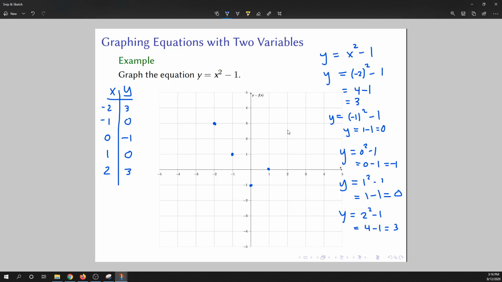And 2, 3. All right, and if you keep plotting a lot of these, then you basically get the shape of the graph. If you took time to plug in a bunch of numbers and do this, you would get the graph that looks like this.